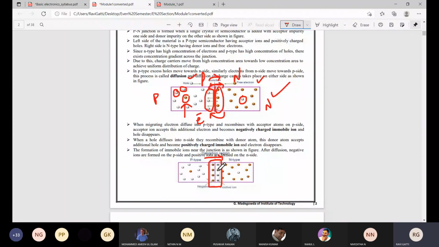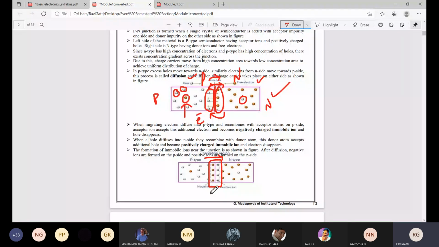Since the acceptor has consumed the electron, we call it a negatively charged immobile ion. Similarly, the donor consumes the hole, so it becomes a positively charged immobile ion. So there are two immobile ions, one negatively charged and one positively charged.